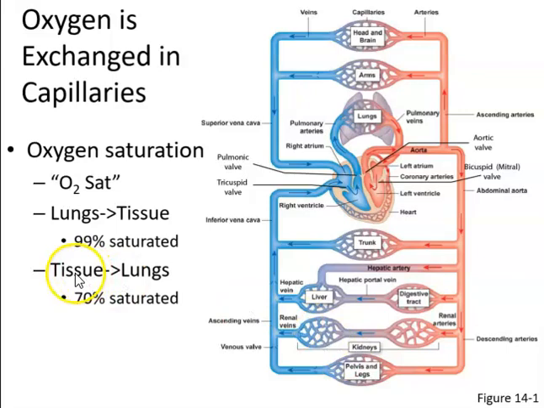So once there is exchange within the capillary system, within the tissues, blood becomes desaturated down to about 70%. So at this point, blood is only 70% saturated with oxygen, again giving it that bluish tinge, and then returns back to the right side of the heart.